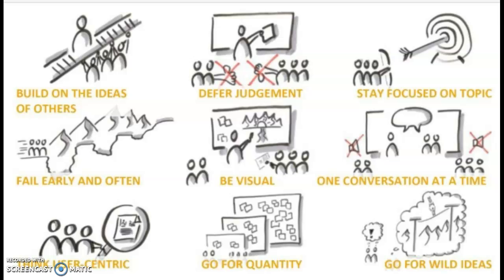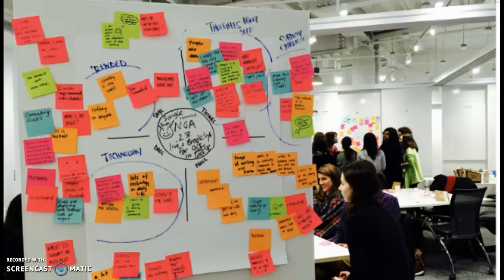We say go for quantity, not quality, because sometimes those wild ideas will get you to think differently about a problem than you ever have before. Our teachers spent a lot of time in this section of the process really thinking about what would be possible, trying not to hold each other back or criticize or say that won't work, but what could really be possible.